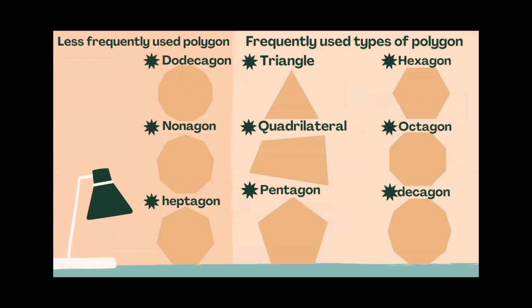Less frequently used polygons are dodecagon, nonagon, and heptagon. Frequently used types of polygons are triangle, hexagon, quadrilateral, octagon, heptagon, and decagon.